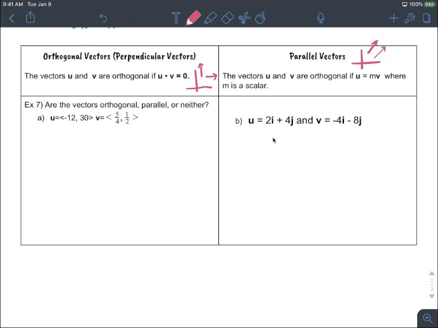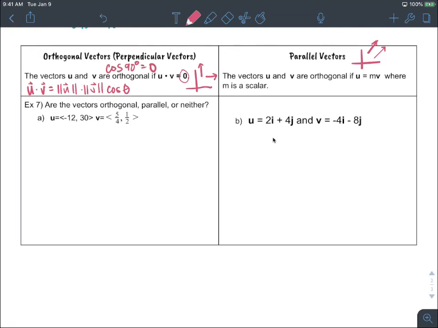orthogonal or perpendicular. Think for a second, u dot v is equal to the magnitude of u times the magnitude of v times the cosine of theta. So since we're trying to get this 0, if we use the cosine of 90 degrees, which is perpendicular, that is equal to, that's right, 0.